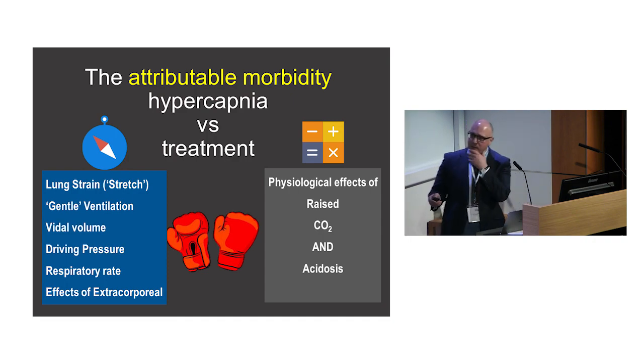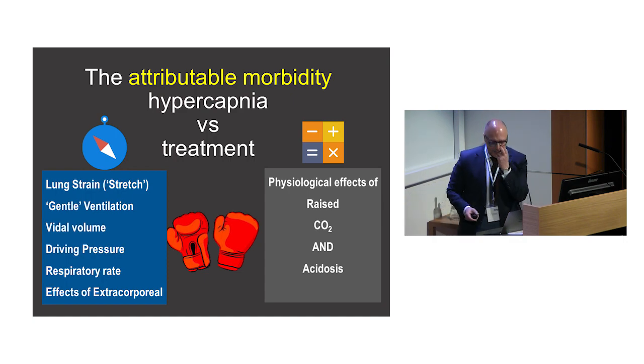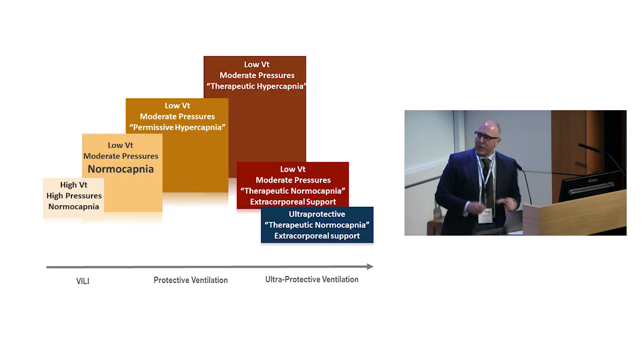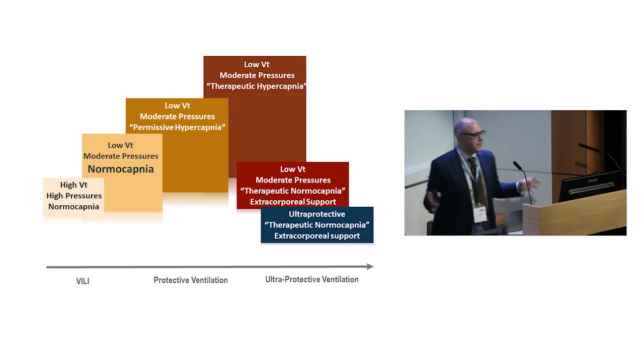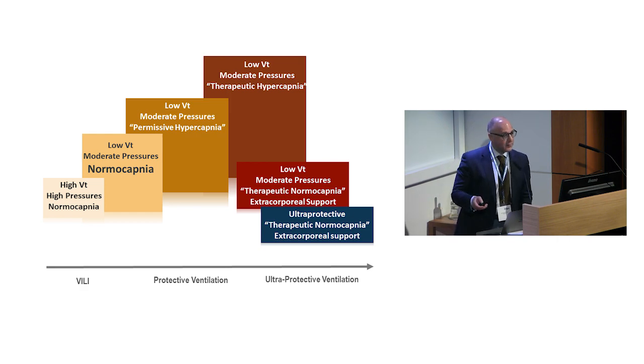And today we had already quite a lot of discussion about the stretch, the gentle ventilation, and the respiratory rate, etc. But I think you would agree that over the last 17 to 20 years, or probably longer, actually from the 1980s, we went from a situation where the tidal volumes were high, the pressures were high, and we were aiming for normocapnia, to protective ventilation, when we then thought permissive hypercapnia was okay, to therapeutic hypercapnia, that actually CO2 is good for you, we should give it to you, you should breathe CO2.